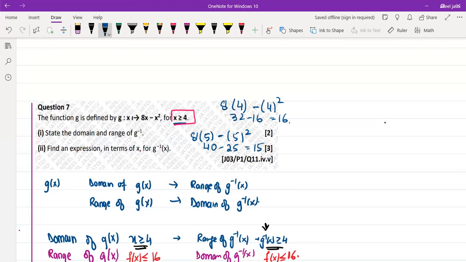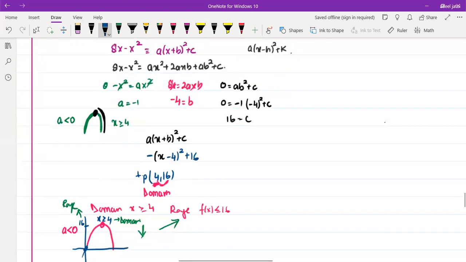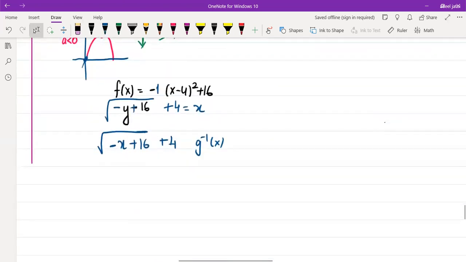Now if you see, when I inserted the value, I got to know that when x is increasing, y is decreasing. So whenever there is x increase and y decrease, I automatically know that it is a decreasing function.